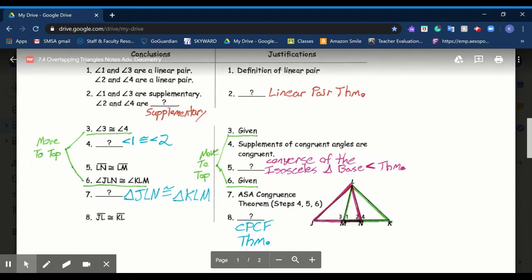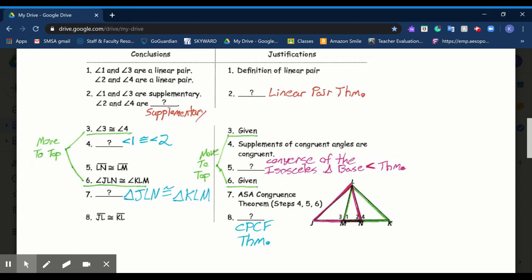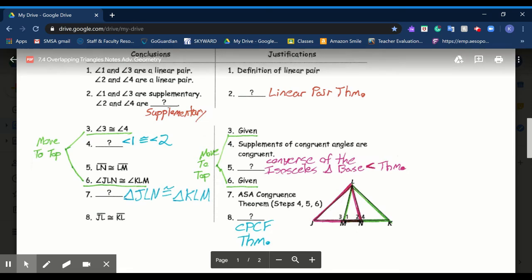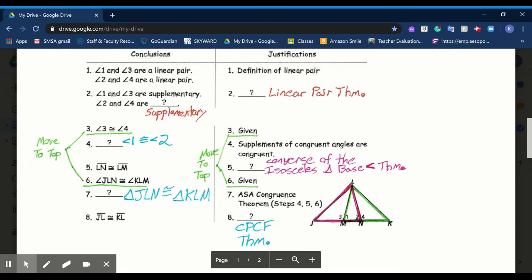We can use the angle side angle from those 3 previous steps. Once we've established the congruent triangles, our last justification to say segment JL is congruent to KL is again the CPCF, corresponding parts of congruent figures theorem.